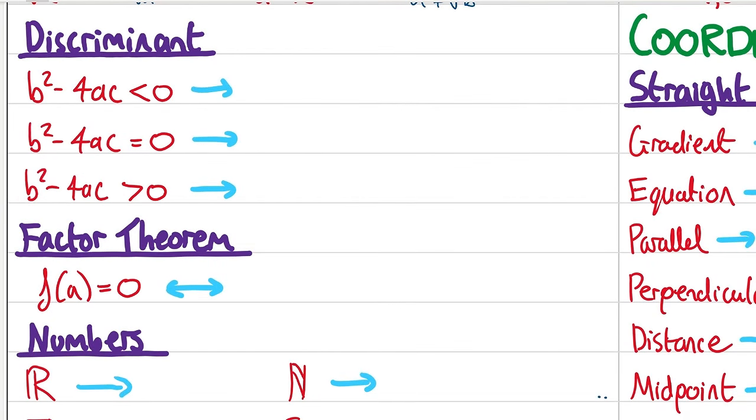The discriminant: if the discriminant b squared minus 4ac is less than 0, we have no real roots. If it is equal to 0, we have one real root. And if it's greater than 0, we have two real roots.